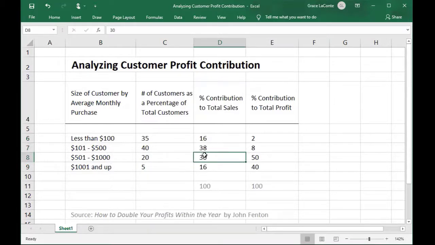So those two would make up the vast bulk of the total sales. And then 16% are for purchases of $1,001 and up per purchase. So you can see here that the majority of our customers, as a percentage of the customers, are purchasing $101 to $500 worth of average purchases, but the distribution for our total sales actually falls between these two categories, $101 to $500 and $501 to $1,000.